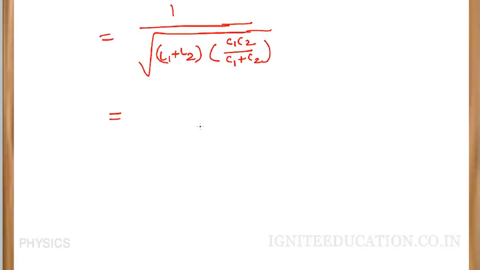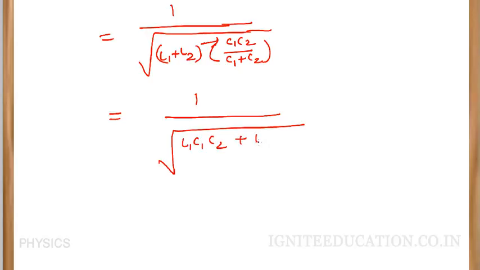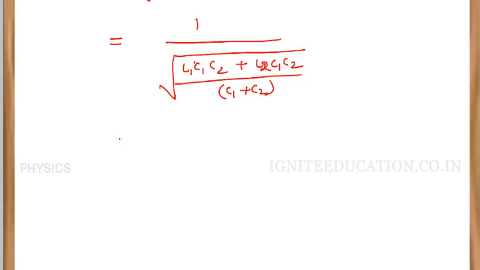that is equal to 1 by root, I am just simplifying it. I am multiplying this by C1 and C2, so L1 C1 C2 plus L2 C1 C2 divided by C1 plus C2, that is equal to 1 by root of, look at this, L1 C1 is there and L2 C2 is also there.